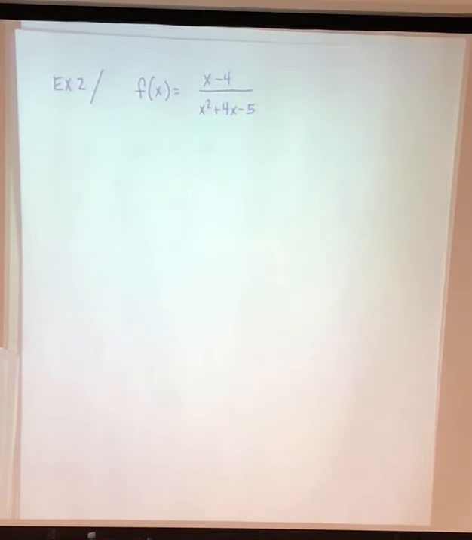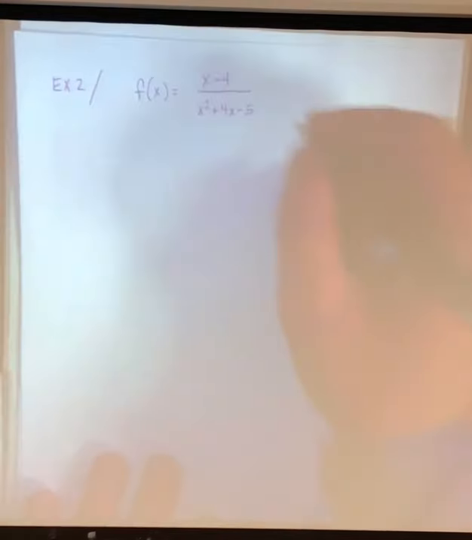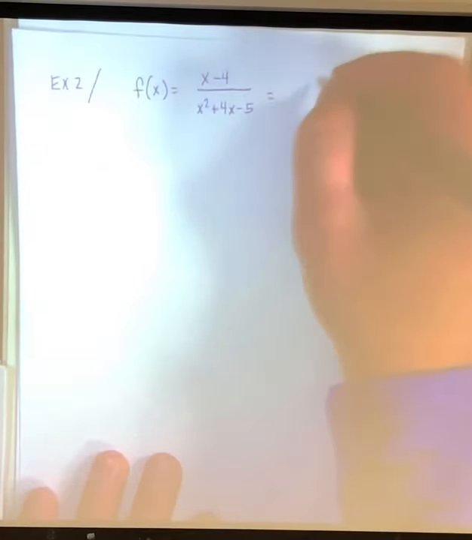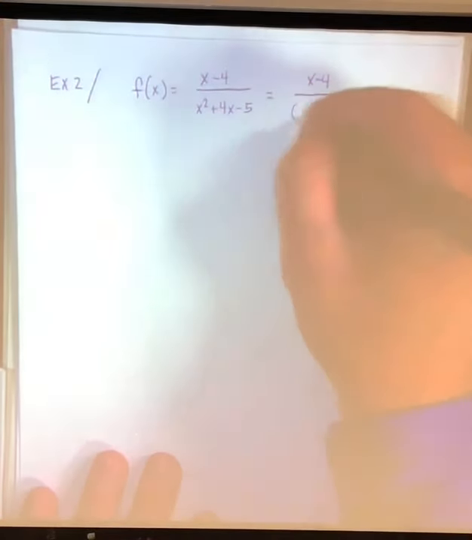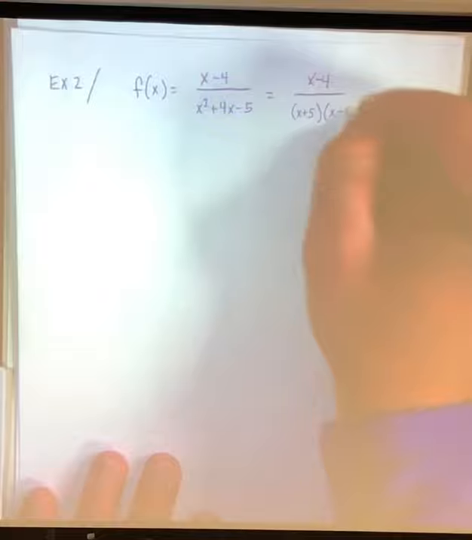So step 1, we're going to factor. You'll notice on this one we can factor the bottom. The top remains x minus 4, and the bottom becomes x plus 5 times x minus 1.